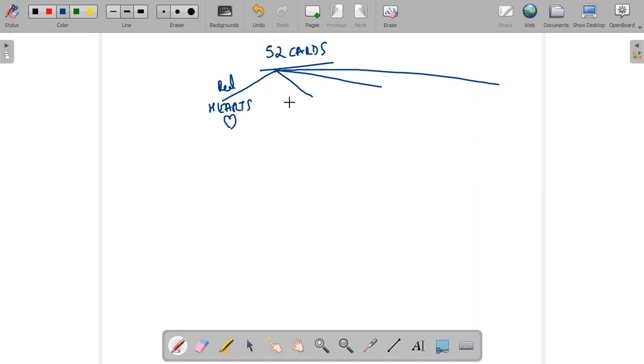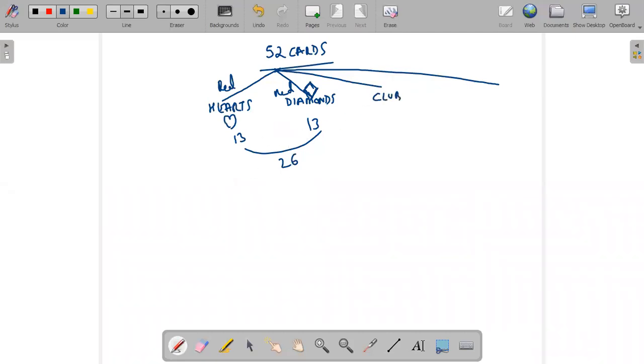Then we have the diamonds. Diamonds is like a kite, and this is also red in color. So we have 13 hearts and 13 diamonds. So in total, we have 26 red cards.